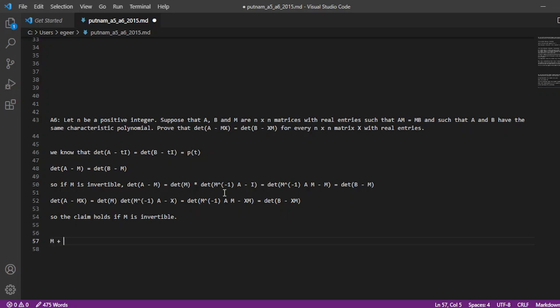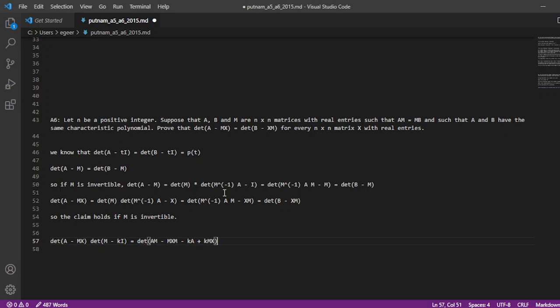So suppose we take some matrix like this. You have no clue if this is going to work or not. This would be the determinant of AM minus MXM minus KA plus KMX, right?